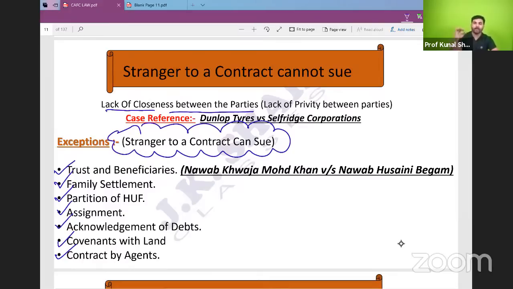But over here, a stranger to a contract can sue because it falls under exceptional cases. So friends, just make a rule: a stranger to a contract cannot sue. But in exceptional cases, a stranger to a contract can sue.